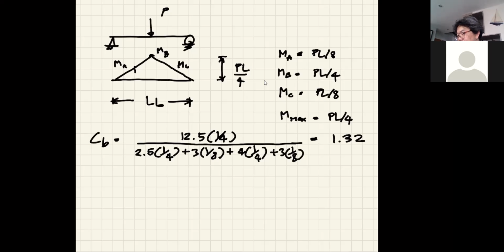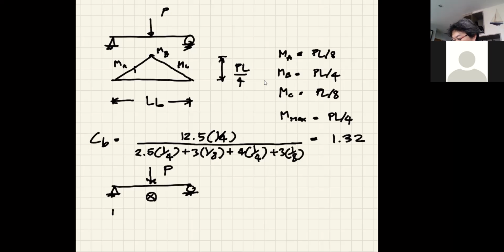Let's move on to the second case where, let's say, it's the same beam, but this time I'm gonna create the scenario where it's just exactly like the case that I work. P here, but this time we have the brace in the middle.